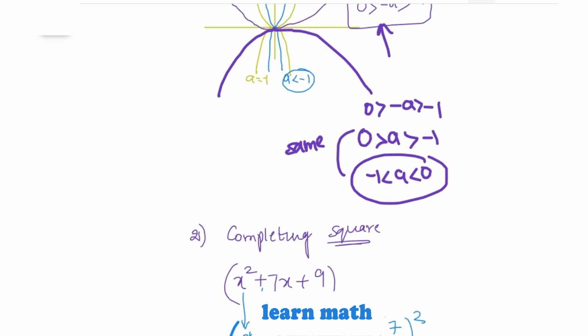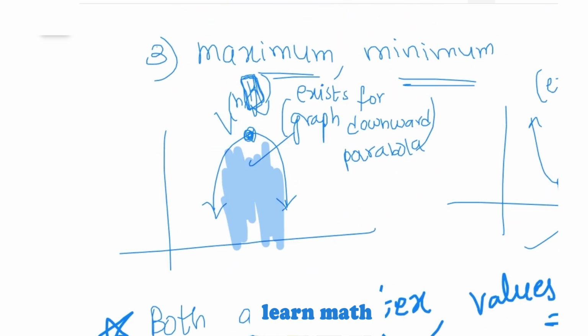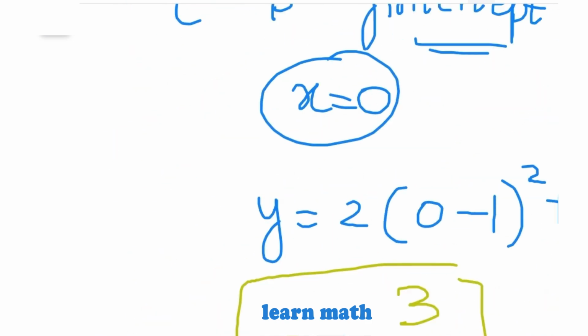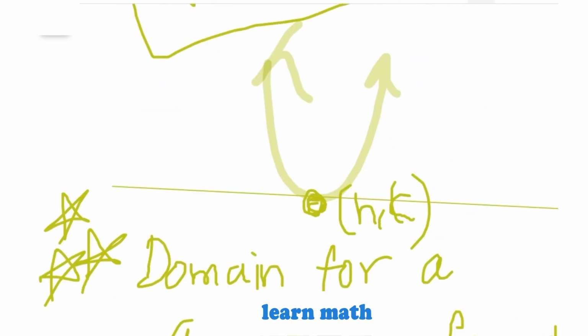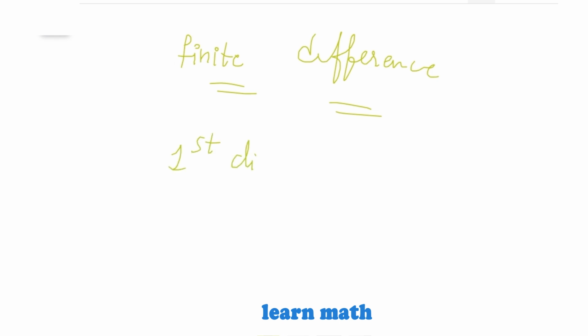Now, finite differences: first difference, second difference. I know if the first differences are the same, it's linear. And if the second differences are the same, that's quadratic.